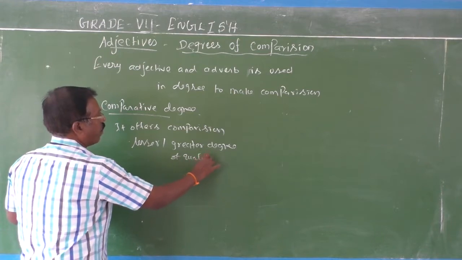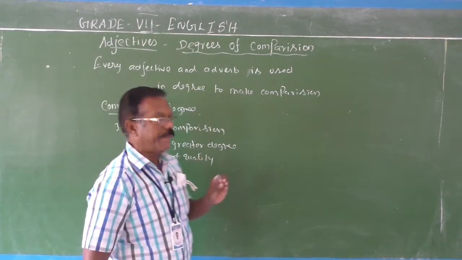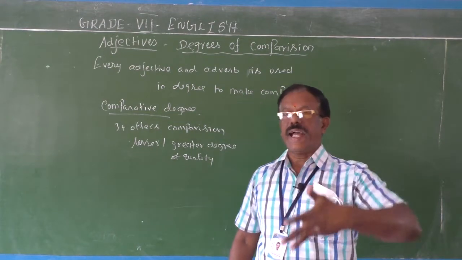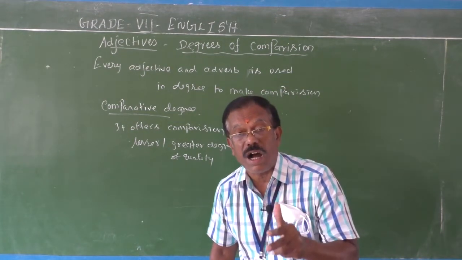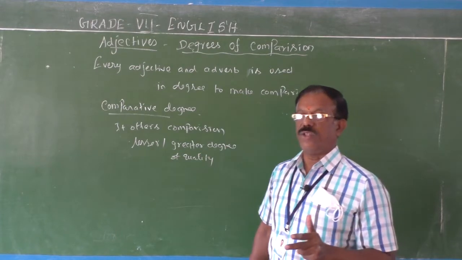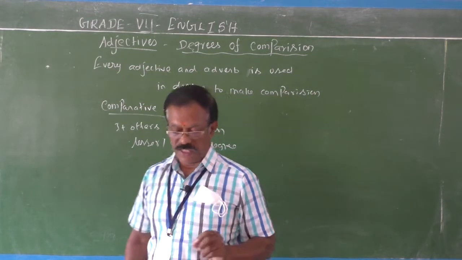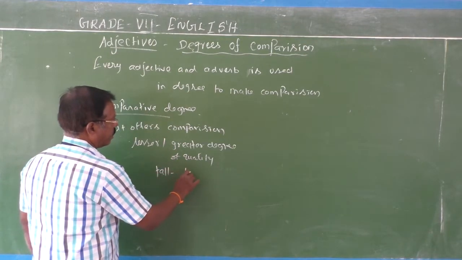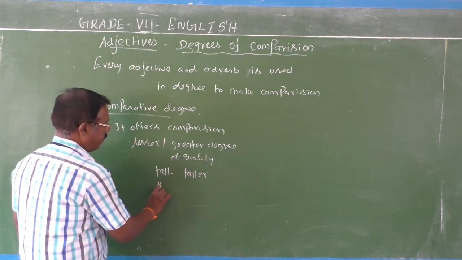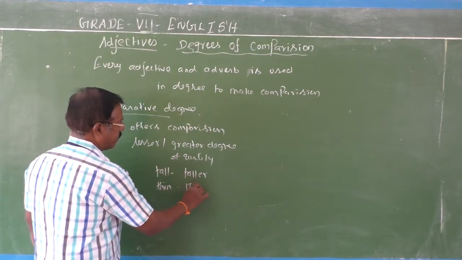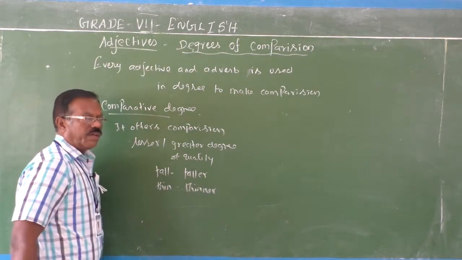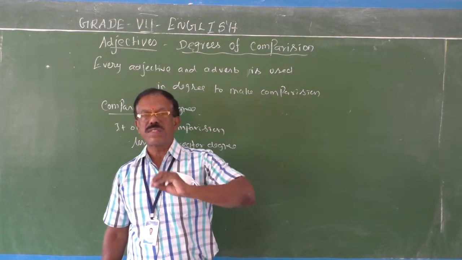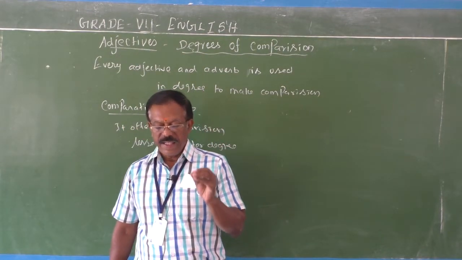So, comparative forms of adjectives are formed by adding the suffix er to the base form of adjective. For example, tall, taller; thin, thinner. When an adjective is a single or monosyllabic word, you can add er.